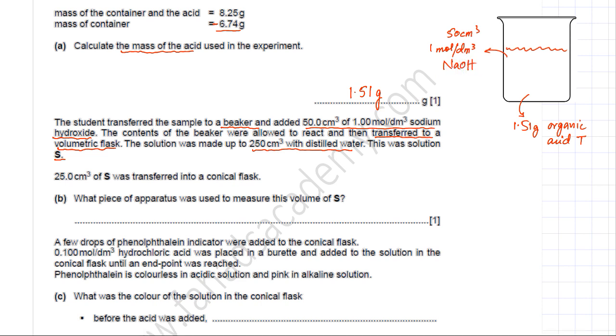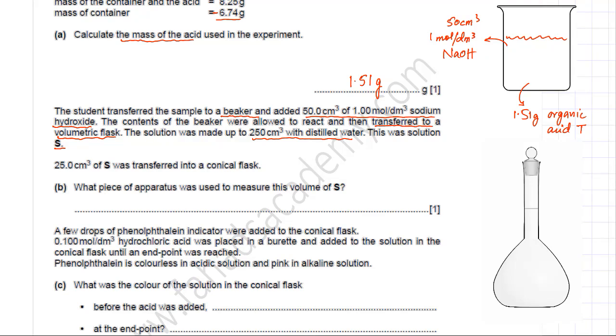Once the reaction between this acid and this alkali finishes, the contents are then transferred to a volumetric flask. So we are transferring the leftover after the reaction to this volumetric flask, and by adding distilled water, a 250 cm³ solution is made.